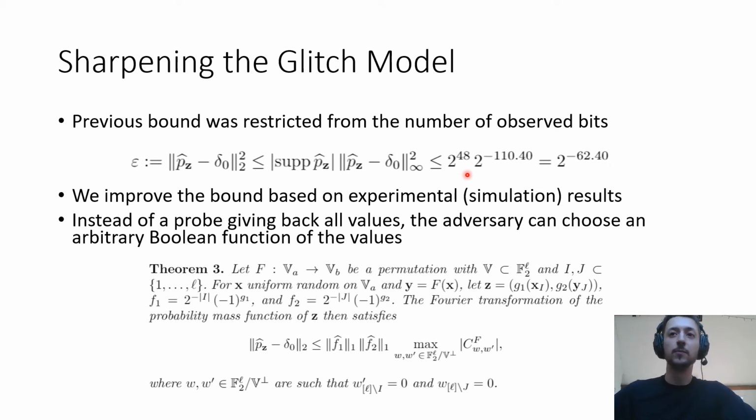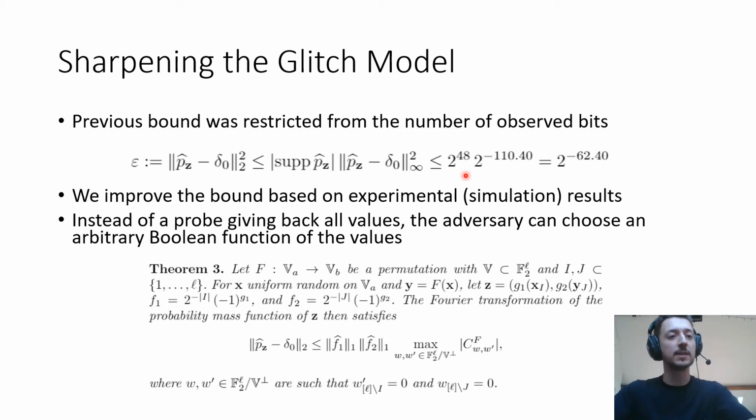From this, we see that we lose 48 bits of security because of the high number of bits that a probe can see. And this is because of glitches. Because of glitches, if I put a probe in the S-box, potentially I can see even 24 different values using just a single probe. And this seemed to us something that was wrong.